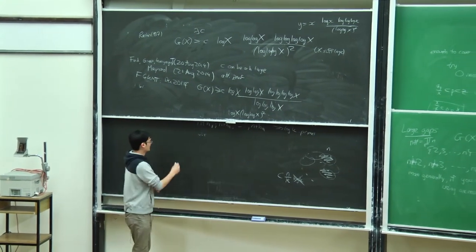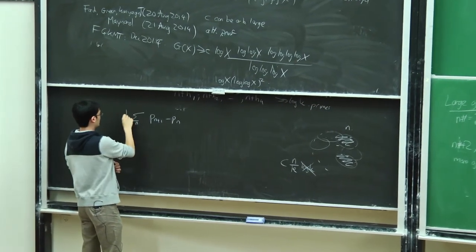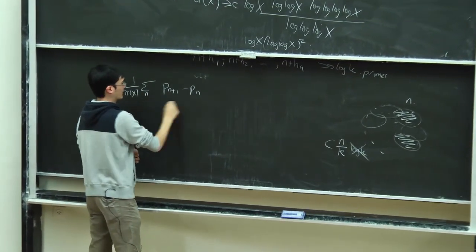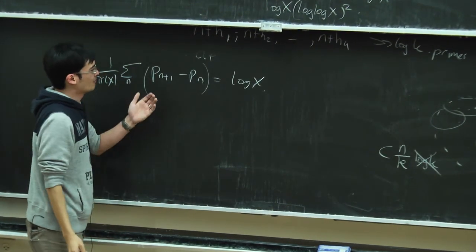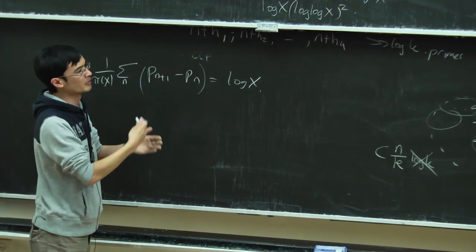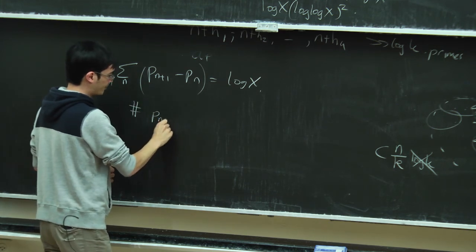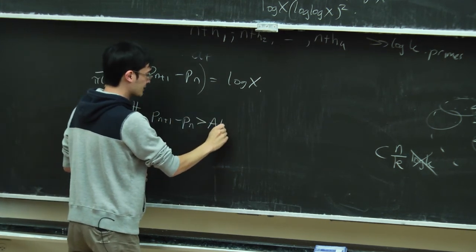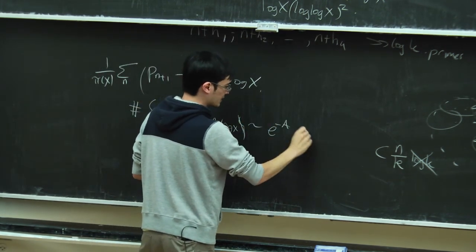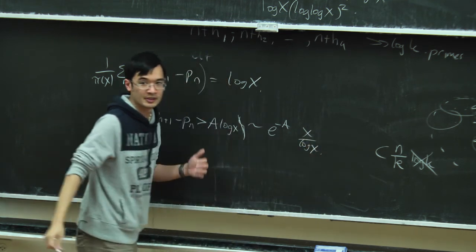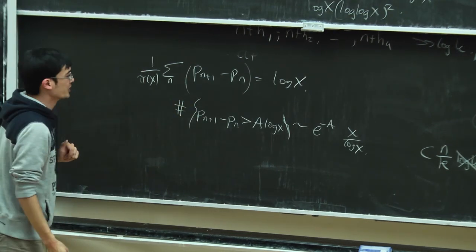We believe that these gaps are distributed according to an exponential distribution. So the proportion of gaps which are bigger than, say, a log x should be e to the minus a. This is the conjectured exponential distribution. But we can't prove this at all.